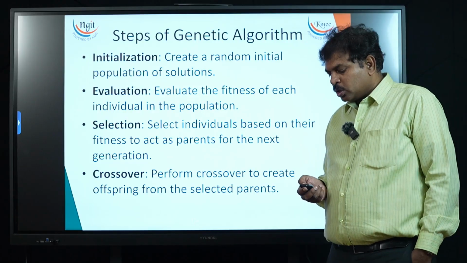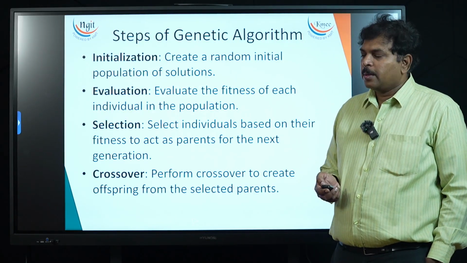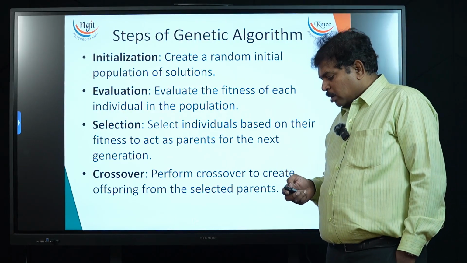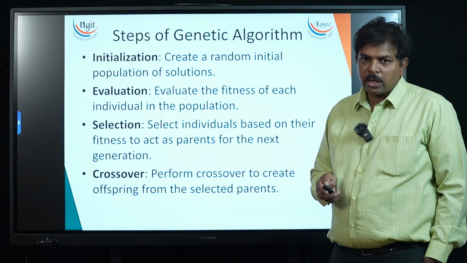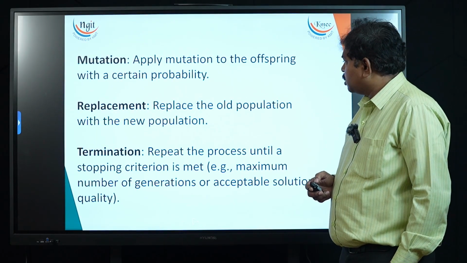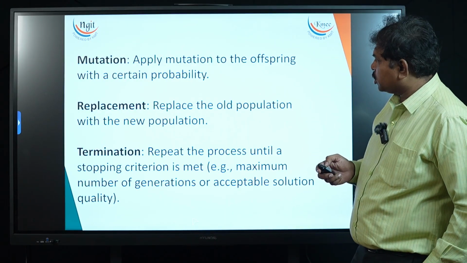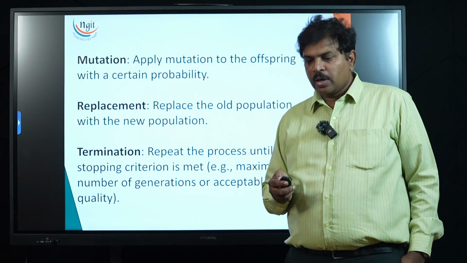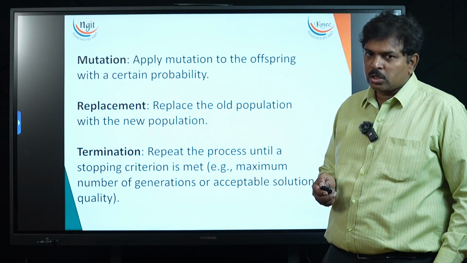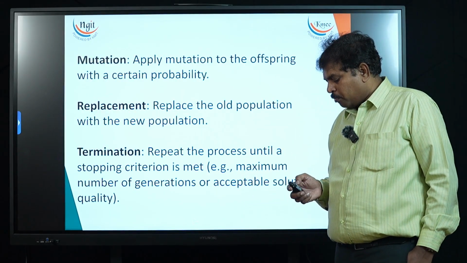Those solutions are then crossed over to create offsprings, new kinds of solutions. We make smaller changes in those solutions through mutations, and finally we apply the new solutions to the problem.